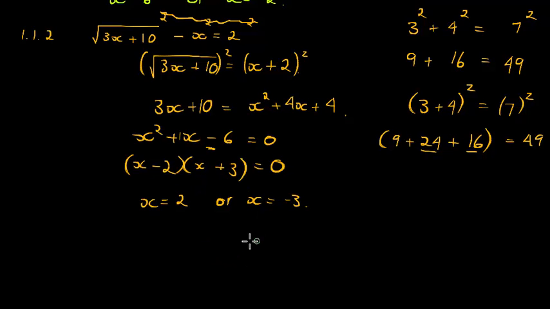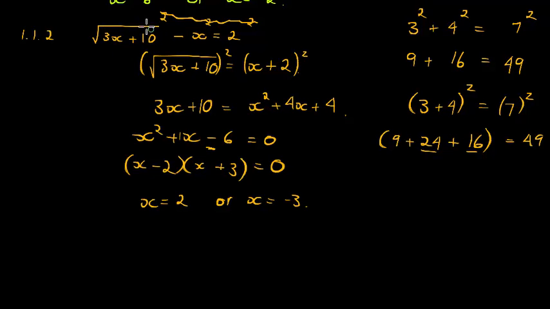But one of these values might not be applicable. Okay, we'll have to first check. We'll have to put both in there and see if we get an answer of 2. We have to test it. Okay, so if we put in 2, then 3 times 2 is 6, plus 10 is 16.